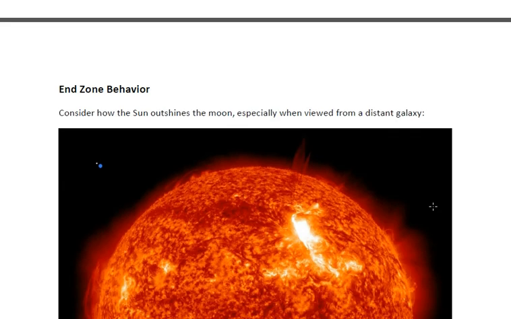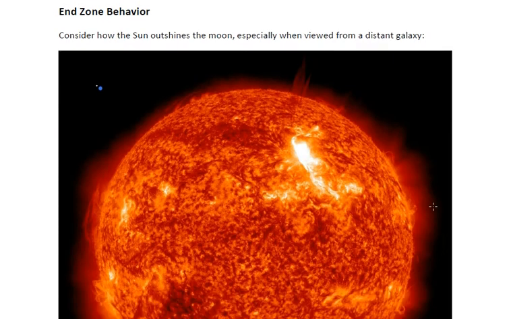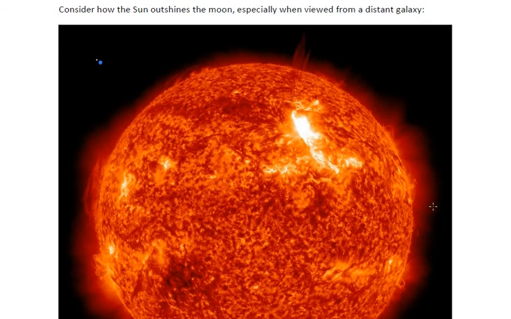To understand this, let's consider an analogy of the sun, the earth, and the moon. Here we have a picture of the sun, and over here a picture of the earth as a little blue dot, and next to it the moon is a little white dot.